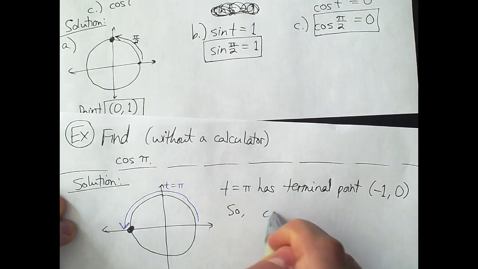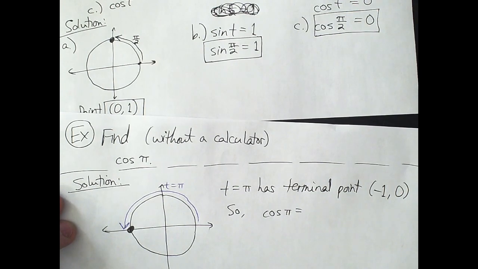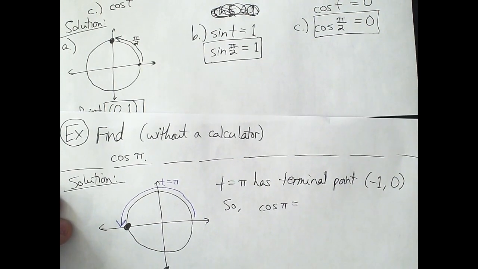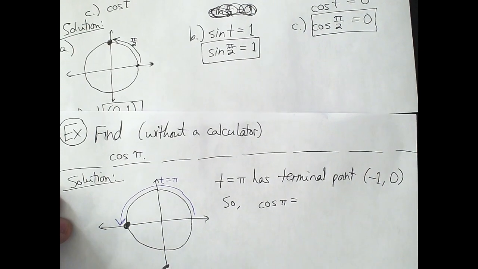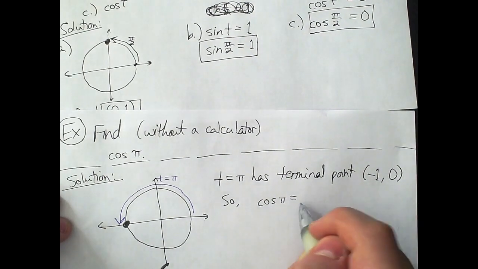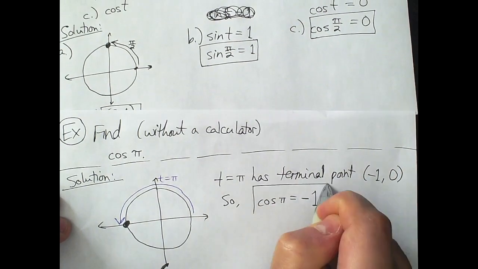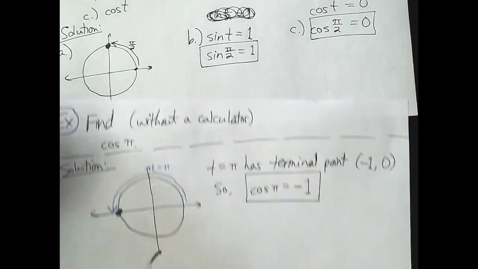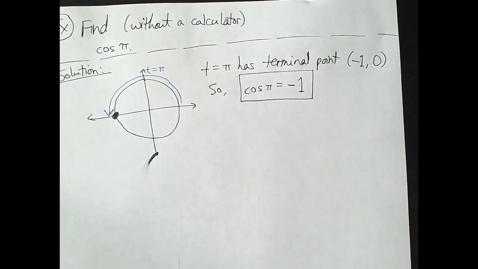So cosine of pi equals, you just have to be careful. Which one is it? Is it -1 or is it 0? Well, up above, we had the definition for cosine. We said it is the x-coordinate of the terminal point. So cosine of pi is -1. I kind of smeared the bottom of my y-axis.